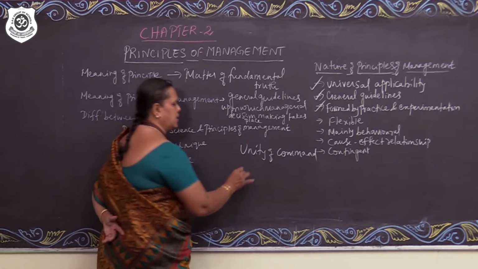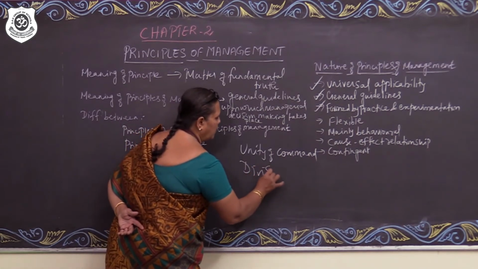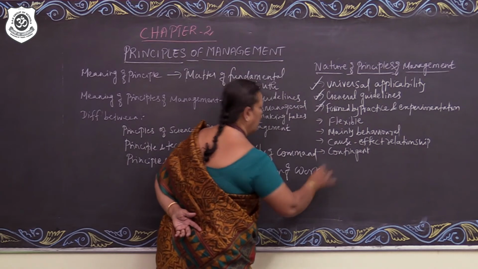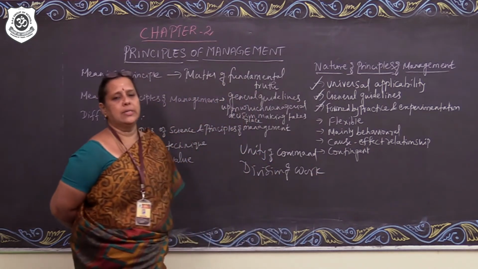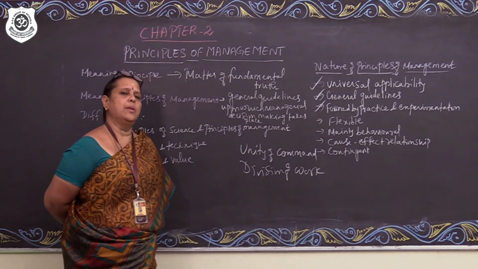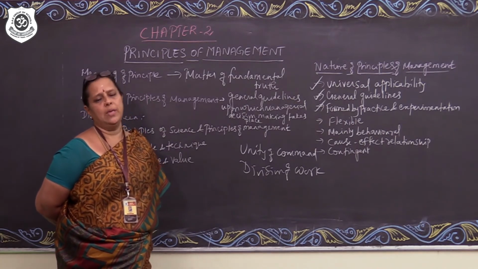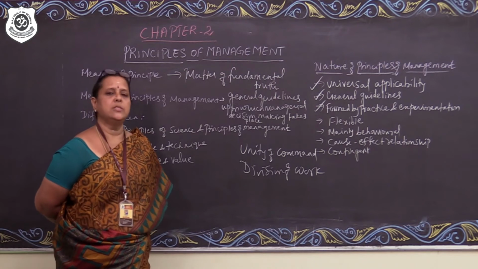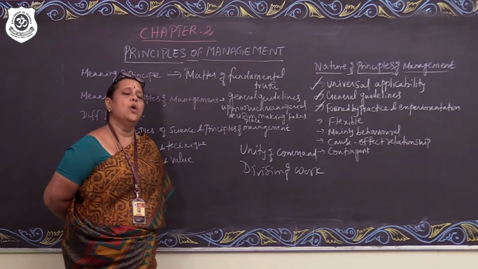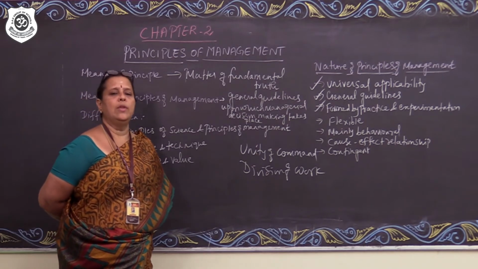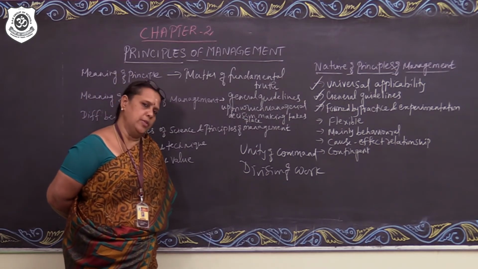One more example, let's take the principle of division of work. The principle of division of work says, however capable the manager may be, he cannot do all the work by himself. His physical capacity to do all the work by himself is for sure limited. So, naturally, he will not be able to control everything.